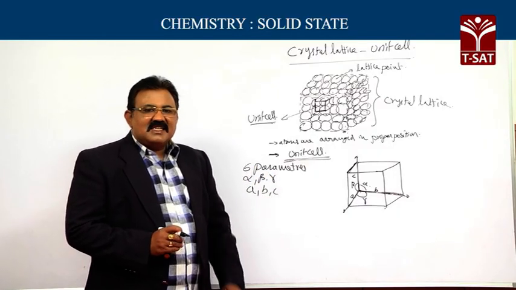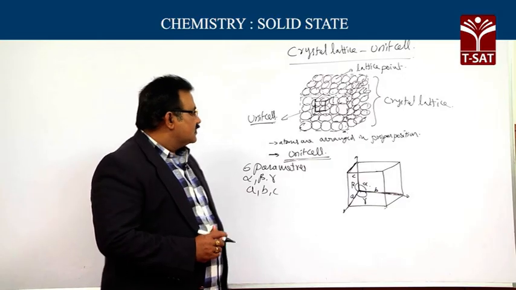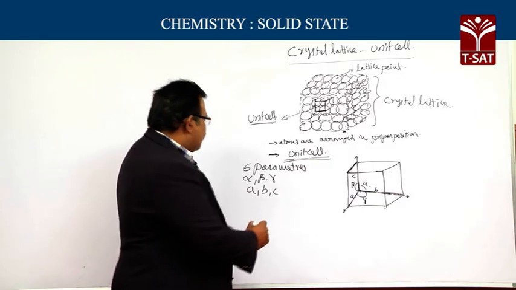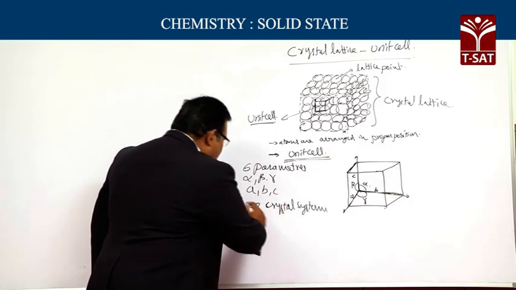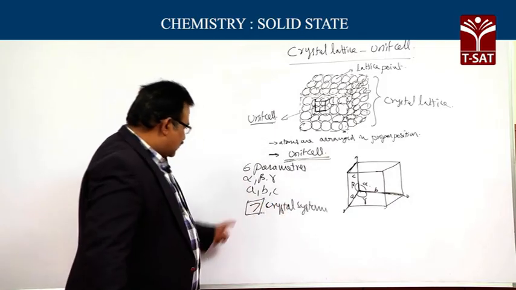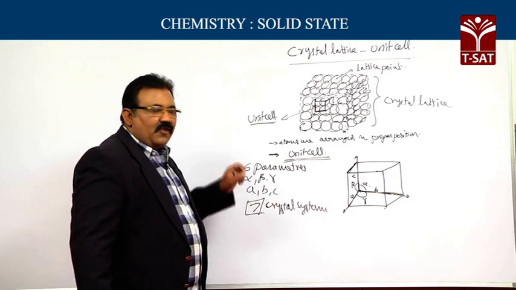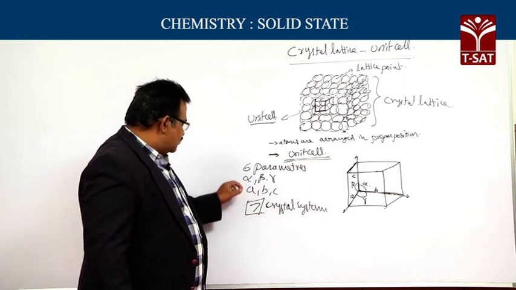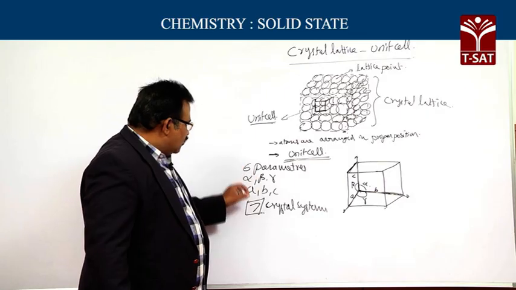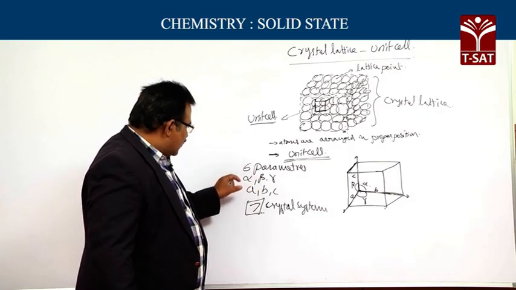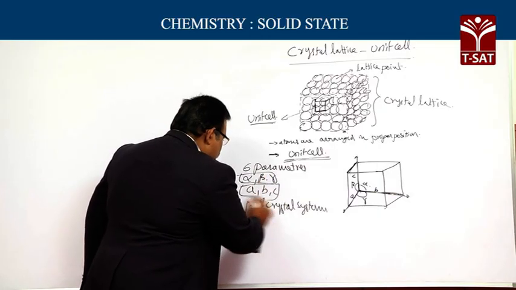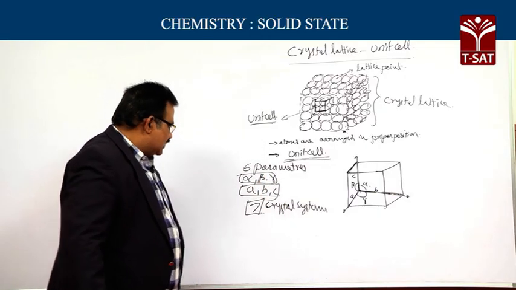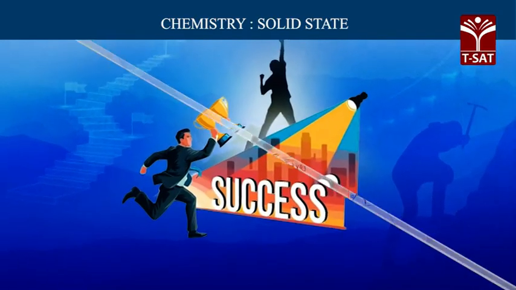We have 7 crystal systems. The 7 types of crystal systems are naturally formed because the unit cell has these 6 parameters. Let us have a look at the 7 types of crystal systems.